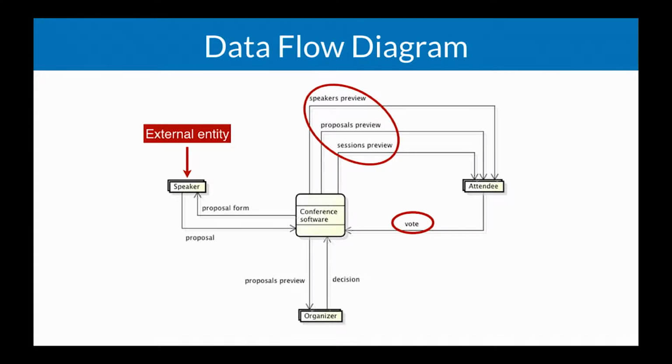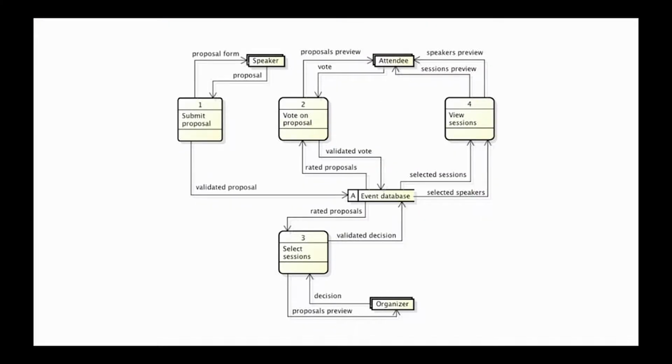So there's a total of 8 lines around, right? 2 there, 2 at the bottom, 1 here, 3 at the top. So that's 8. And that's important to remember, because on the next one, we drill down and split that one box of the system into 4 sub-processes. So these are the major processes. We have number 1, which is submit proposal.